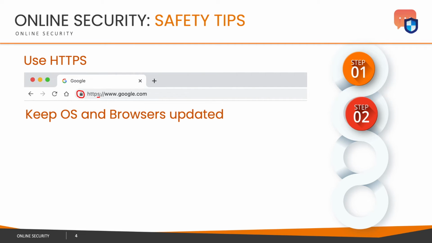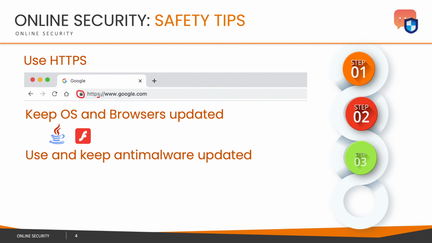The second point is that you should always keep your operating systems and browsers updated. And when we talk about browsers or operating systems, two things which are very important to keep updated are Java and the Flash versions, because a lot of times these two are exploited extensively by malware.